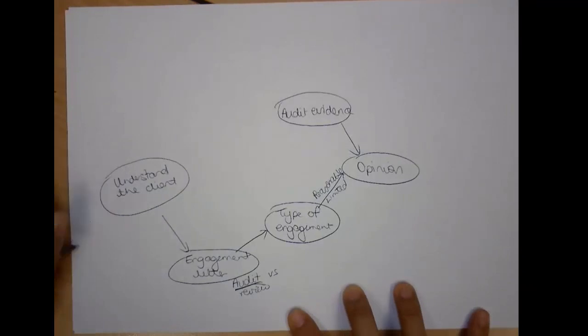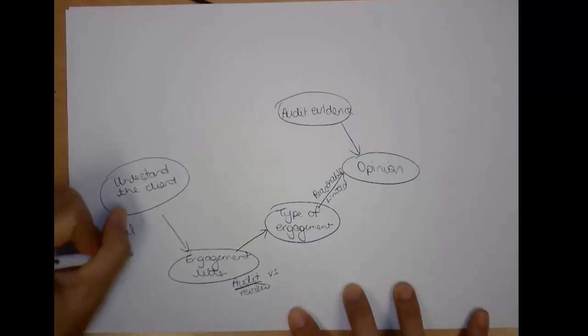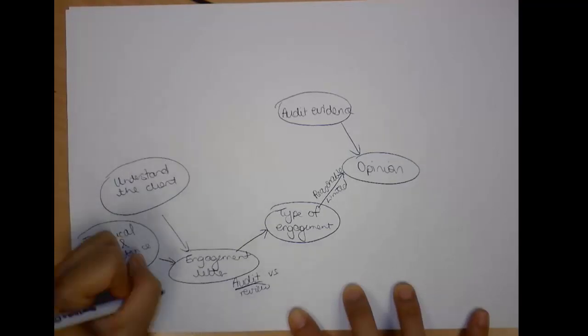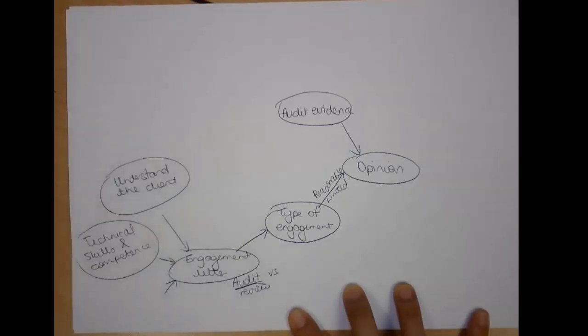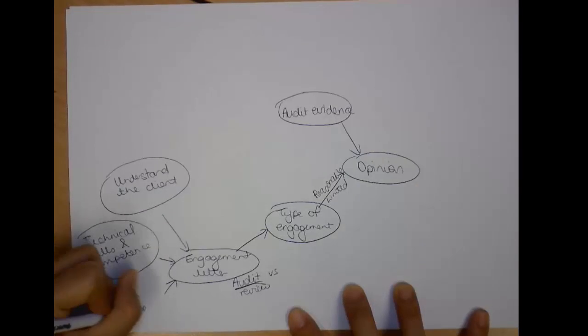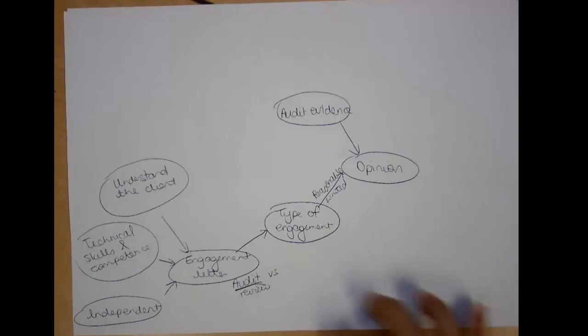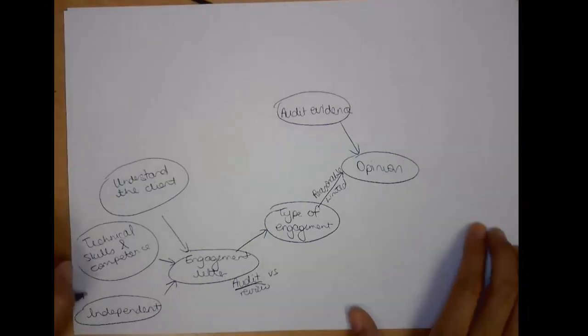All right, so I need to make sure I have technical skills and competence. And I also need to check, before I have signed an engagement letter, whether I am independent. Part of those come out from APES 110 as well as our Corporations Act.